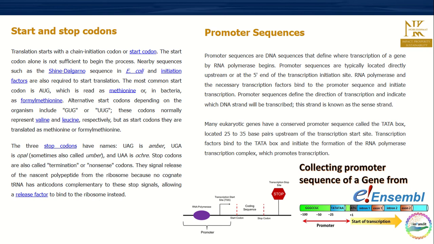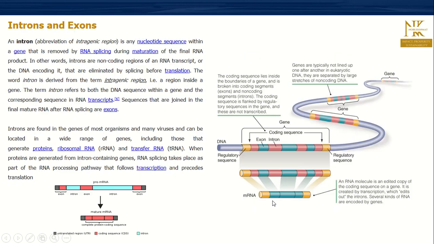As you can see in this particular figure, you can see the transcription start site, then immediately the start codon, and the stop codon after the coding sequence has been written. So promoter sequences are very important.